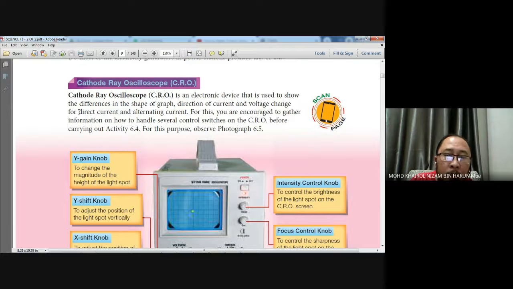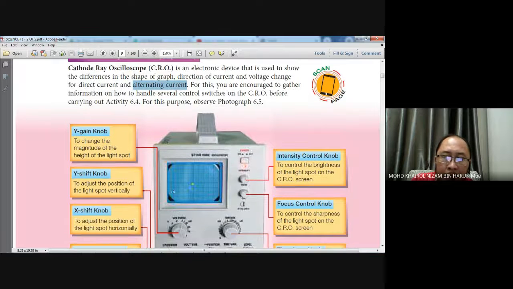If we want to know the characteristic of direct current and also alternating current, we can use this CRO, cathode ray oscilloscope, which can show you the shape of the graph produced, the direction of the current, and also the voltage produced from that current.